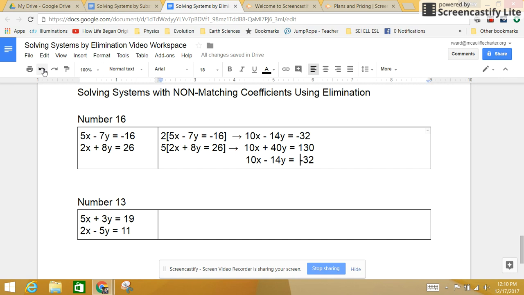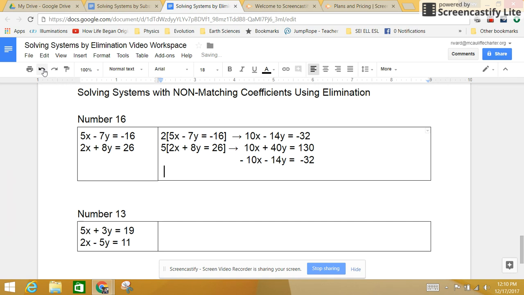And when I do that, I will end up with nothing in the x term. 40y minus negative 14y is going to be 54y. And 130 minus negative 32 is going to be 162.